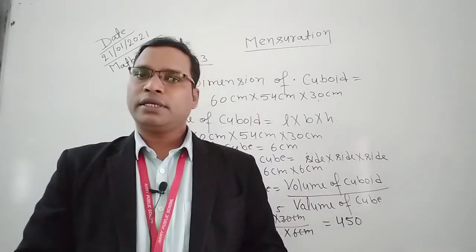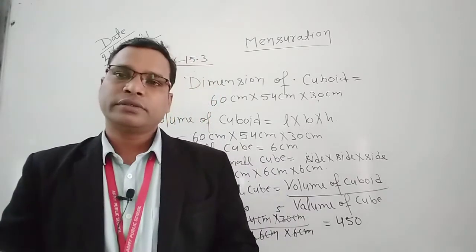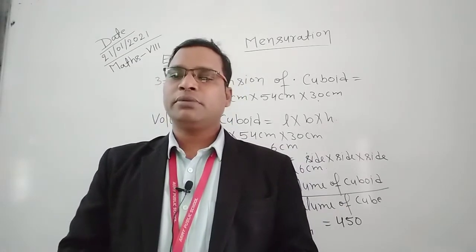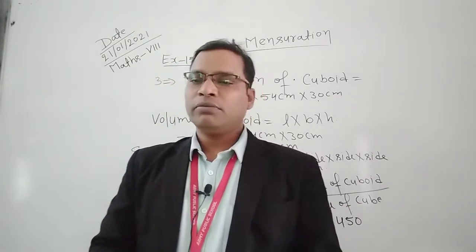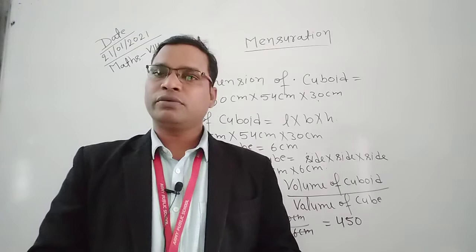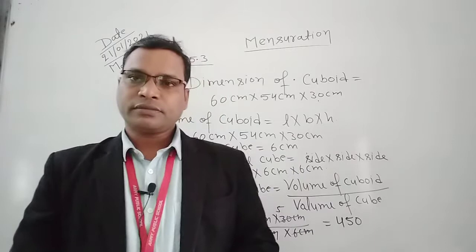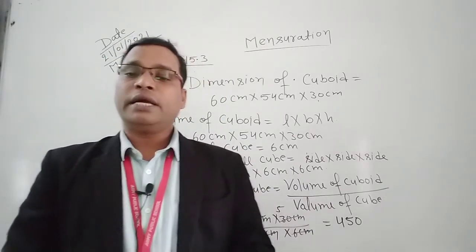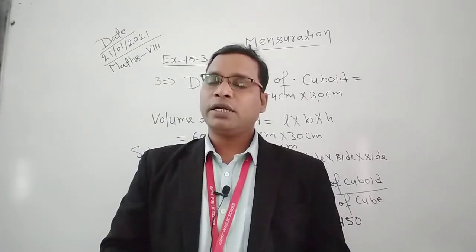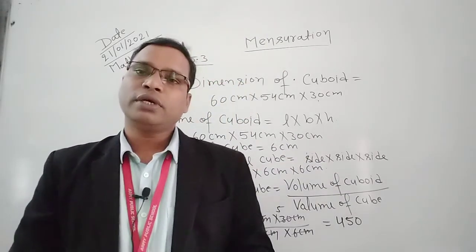If you change it to meters, then it becomes 1.40 meter. This is the diameter of the base, and the volume is given here 1.54 meter cube. If you find the radius, you know very well, radius is equal to diameter by 2. So r is equal to 140 by 2. This is 70 centimeters, or you can say 0.70 meters.